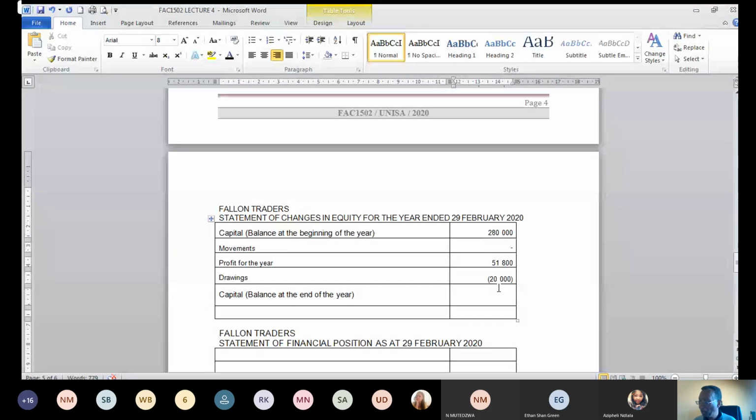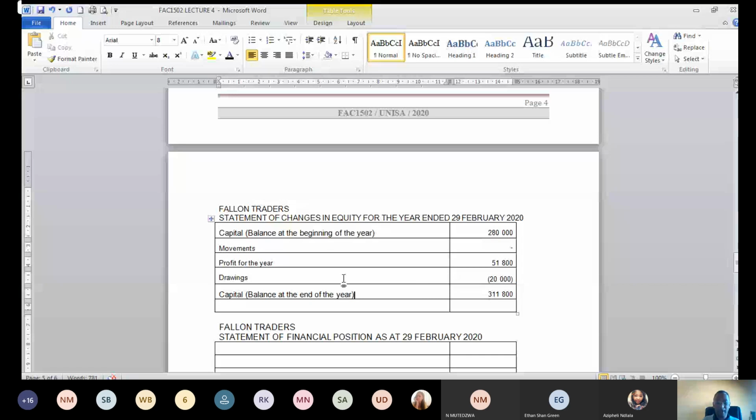You will add it up: 280,000 rand plus 51,800 minus the 20,000 rand. That will give you an answer of 311,800 rand, and that is the balance of your capital account. The value of capital at the end of the year will then be 311,800 rand.